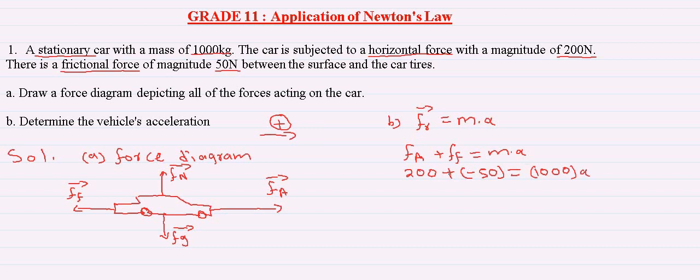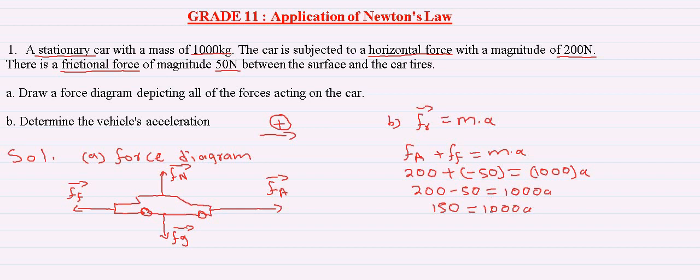So our resultant force is 200 minus 50, which equals mass multiplied by the acceleration, 1000a. When you punch on the calculator, 200 minus 50 is 150, which equals 1000 multiplied by a.